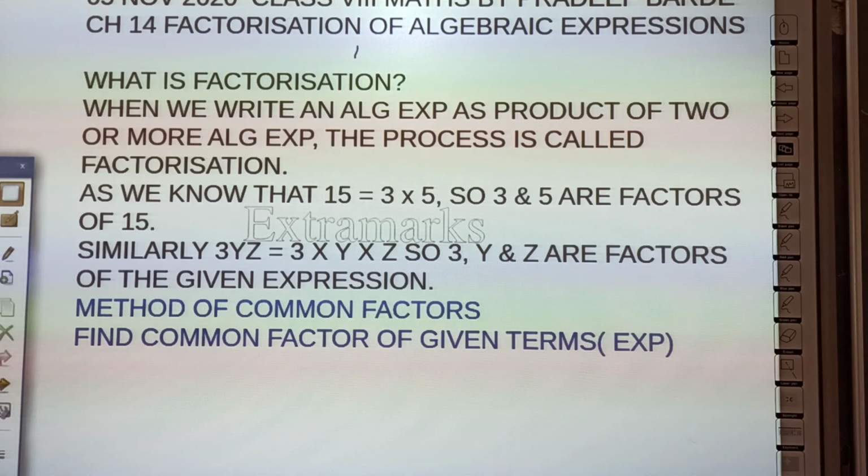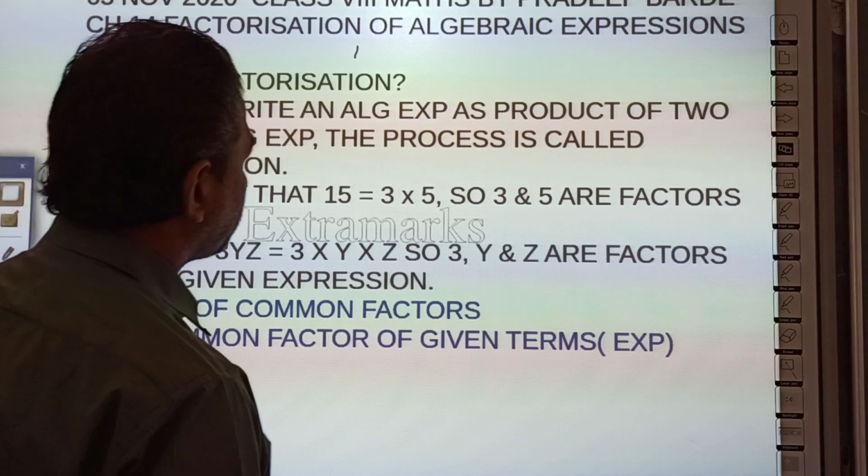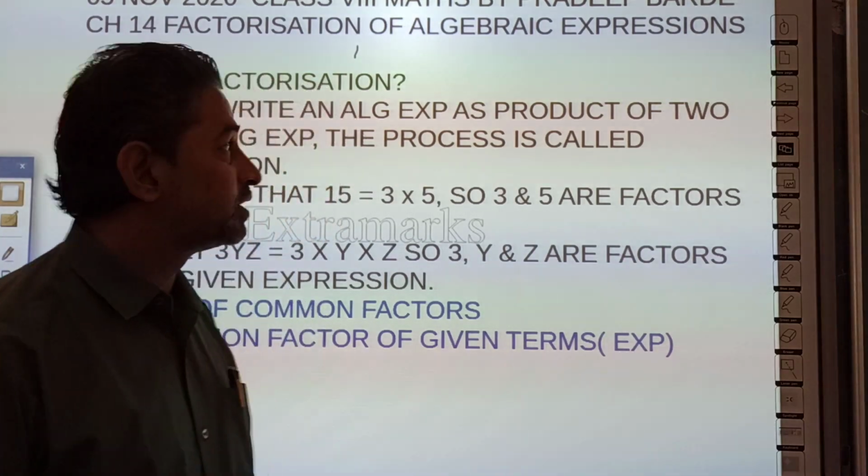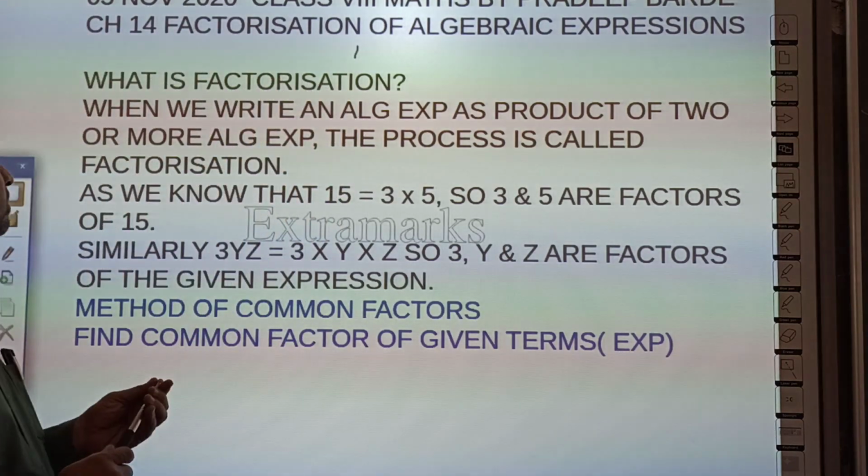Good afternoon, students. Let's begin with chapter number 14, that is factorization of algebraic expressions.